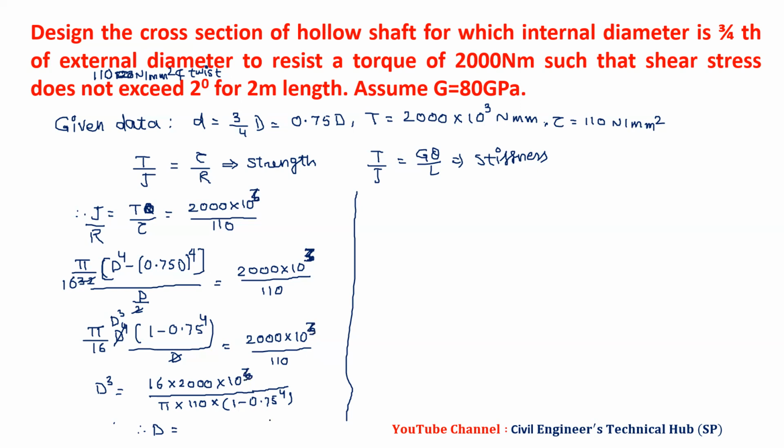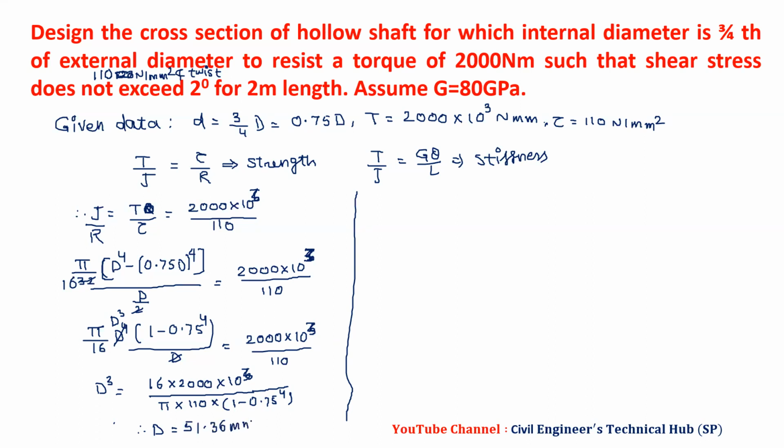So 2000 to the power 3 divided by pi into 110 into 1 minus 0.75 to the power 4, and to the power 1 by 3. And I got value 51.36. Now you check it.